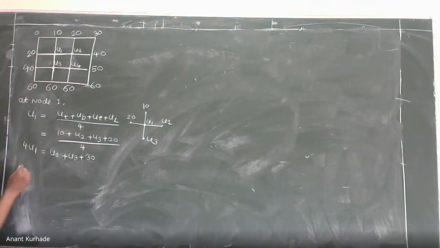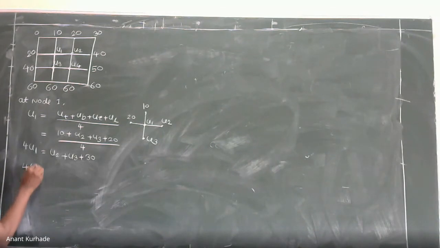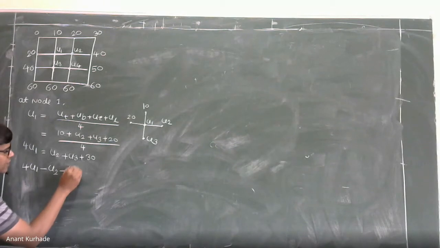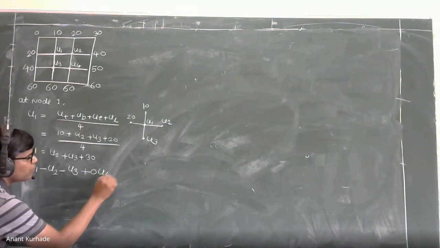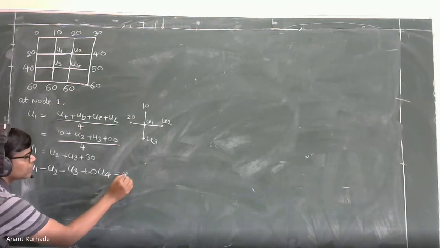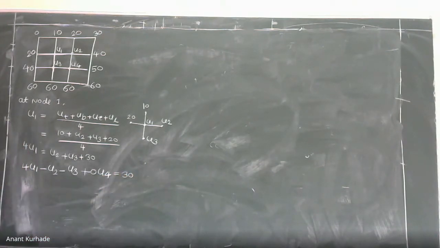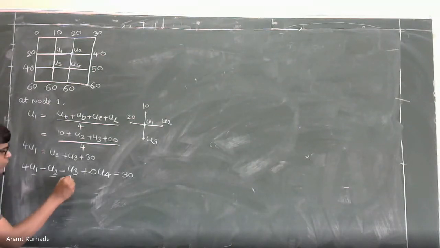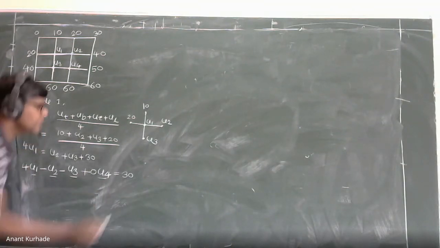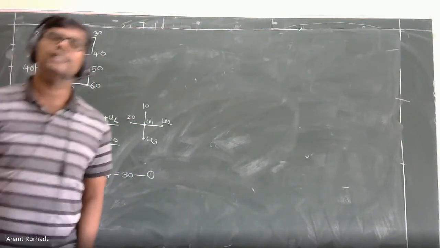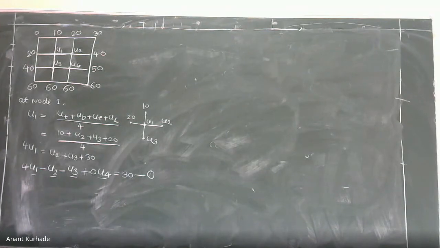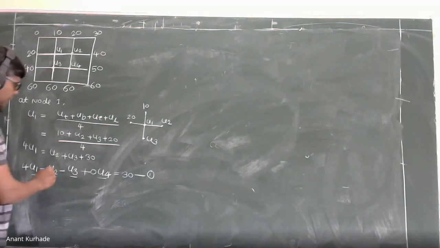So we write 4U1 minus U2 minus U3 plus 0U4 is equal to 30. With this sequence U1, U2, U3, U4, we assign this as equation 1.